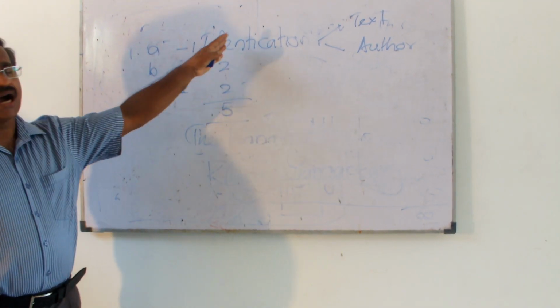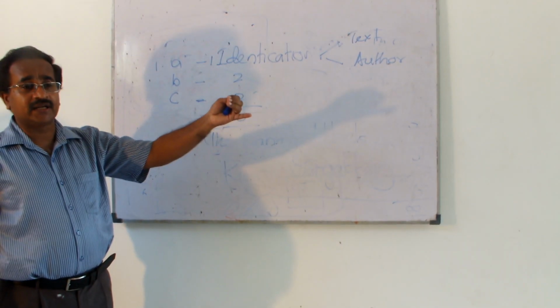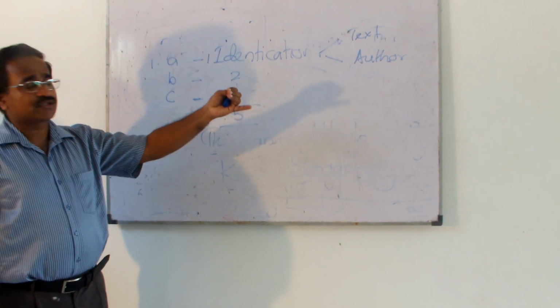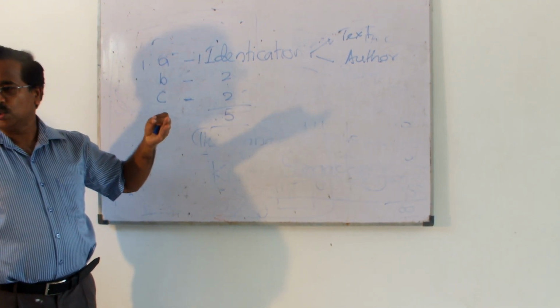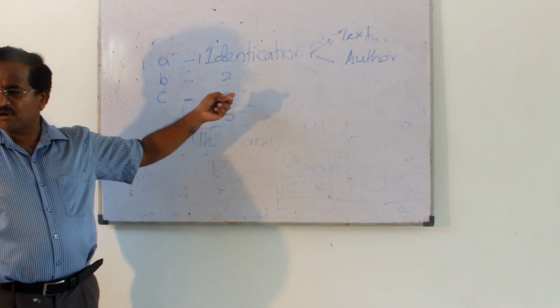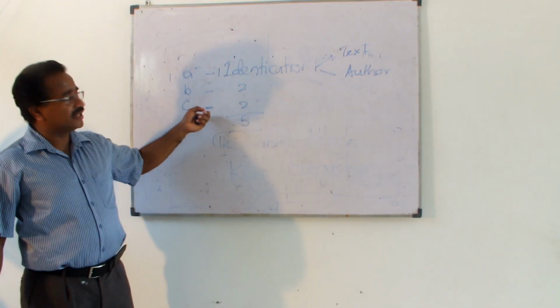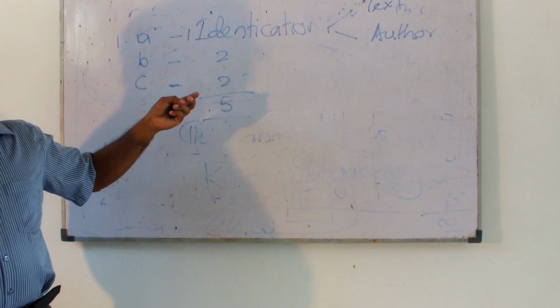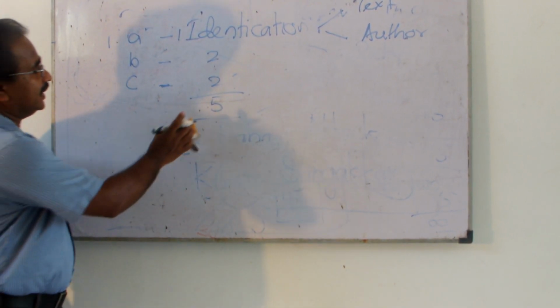The first one, identification of the title of the text from which this extract is taken, and then the name of the author. Number 2, direct comprehension about the given situation. Number 3, C, your response to the text or the theme, technique, and so many other things that they ask.